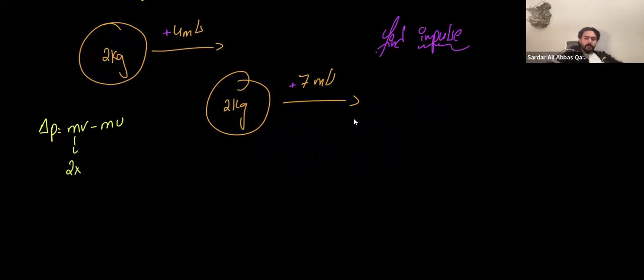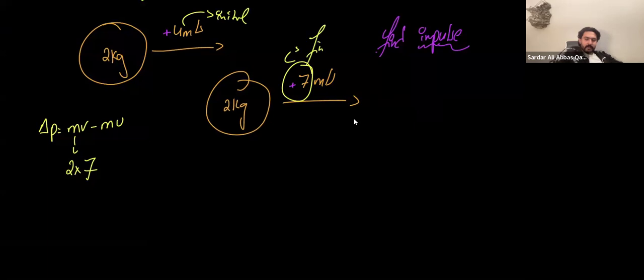What is going to be v? What is the mathematical value? Should I write 4 or should I write 7? I'm going to write 7, guys. Final velocity. This is the initial and this is the final.